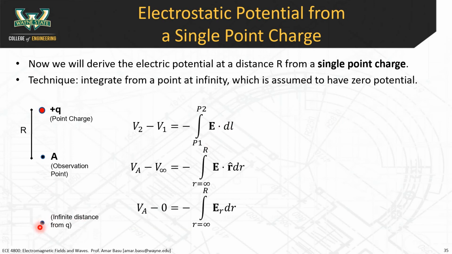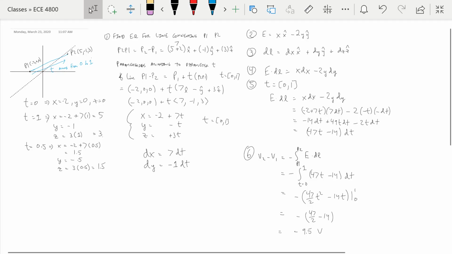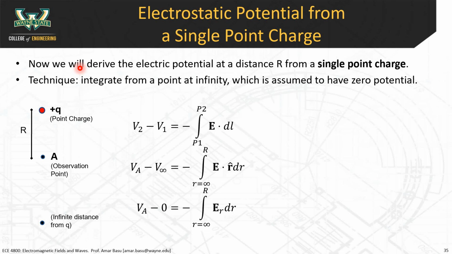You see how in the example that we did, we had P1 and P2, two fixed points. Here we're going to assume that one of the points is at some distance r from the charge Q, and then the second point is at an infinite distance away. Okay, and we're going to see how that allows us to simplify the equation.